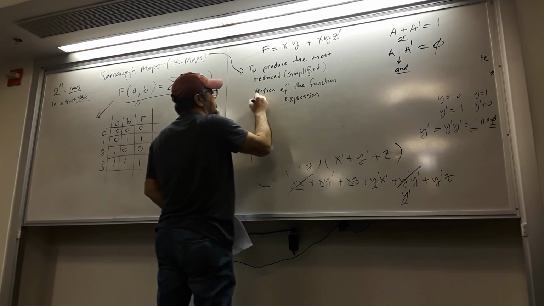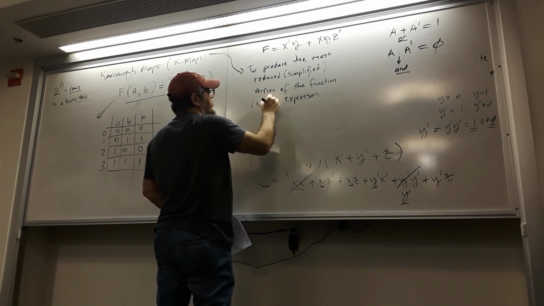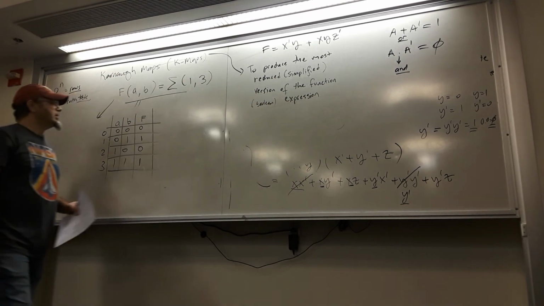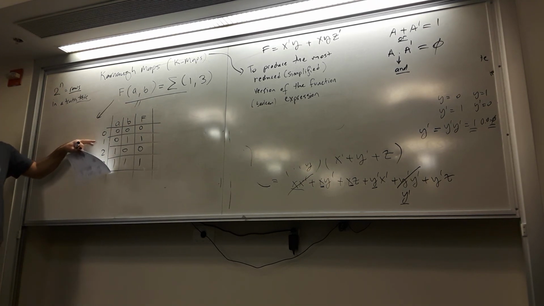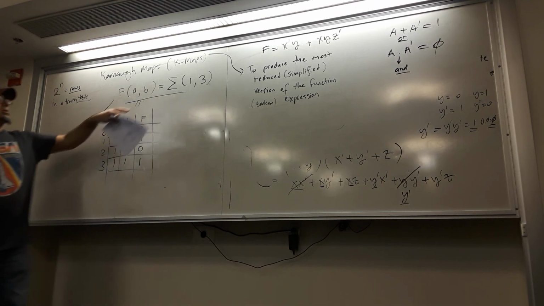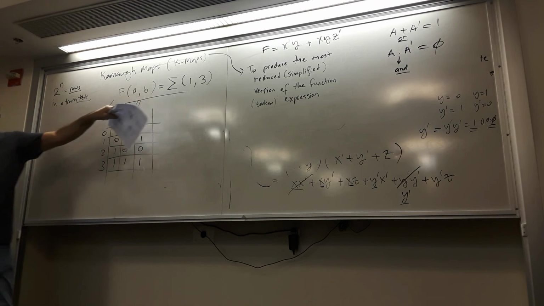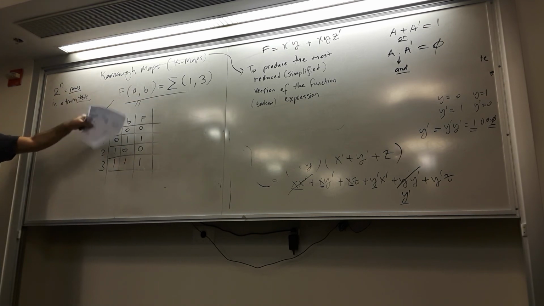Well, actually, this is a Boolean expression, right? We're talking about Boolean stuff. Anyway, once I have the truth table or this formal notation of a function, now I can work on it.